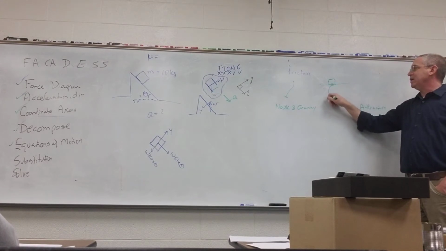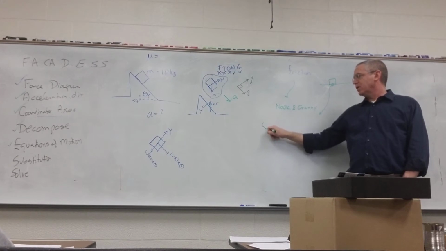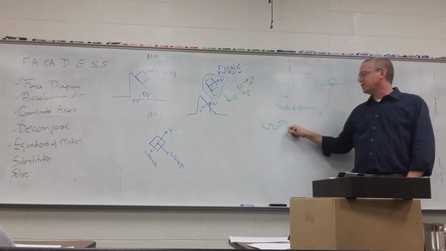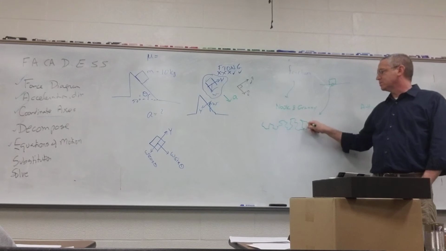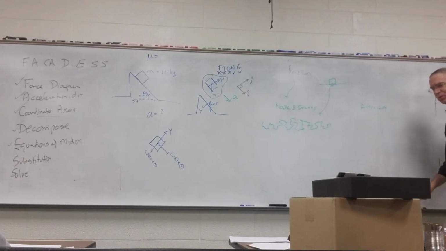And if we zoom in on the surfaces, if you zoom in close enough on the box, it is not a level surface. But then again, neither is the table.